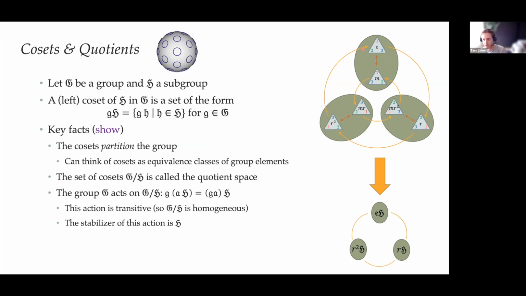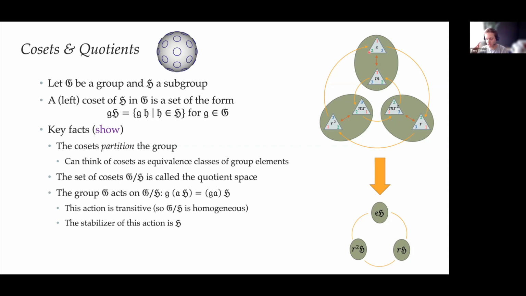What you see already here is the coset of the identity. E times H is just H, and that's indicated by this green blob. And then there's two other cosets, one here and one here, and you can see that they partition the group. So every group element, E, M, MR squared, R, etc., is in one and exactly one coset.